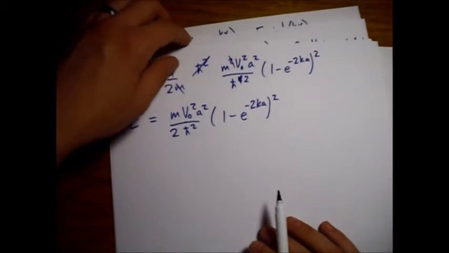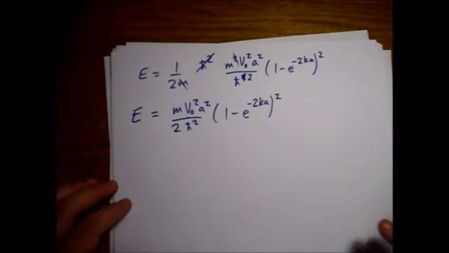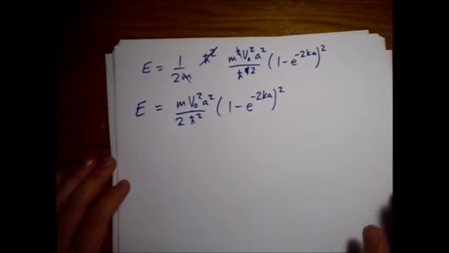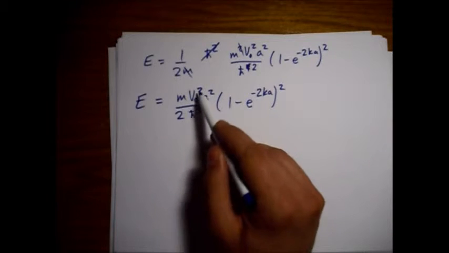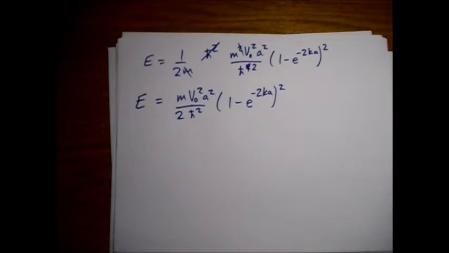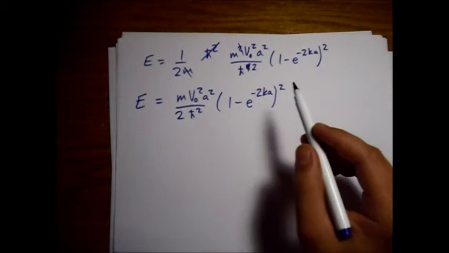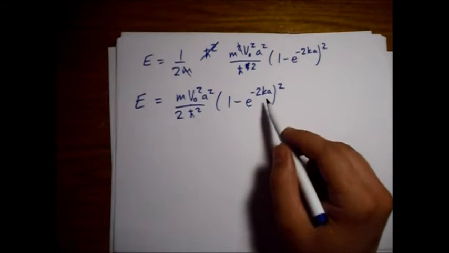Basically, k is going to be very, very small. The point at which this V naught is strong enough is also the point when k is equal to 0.